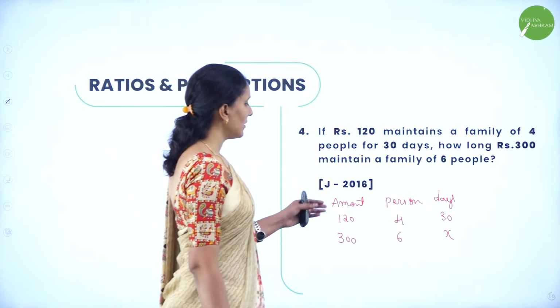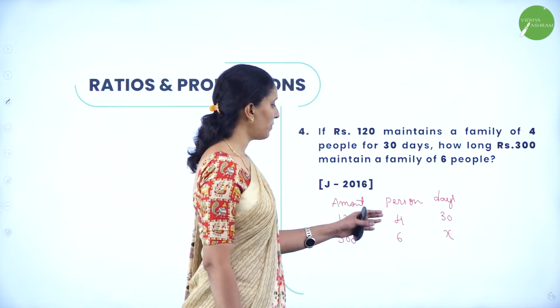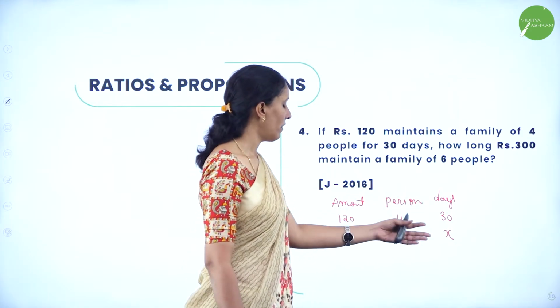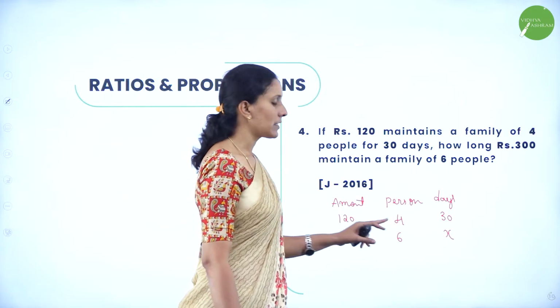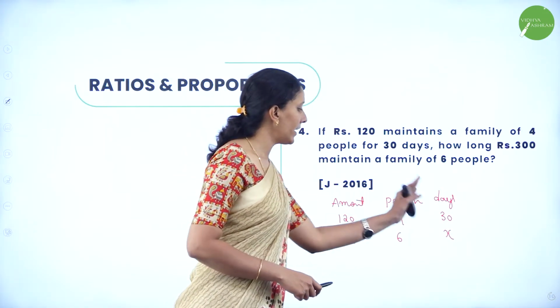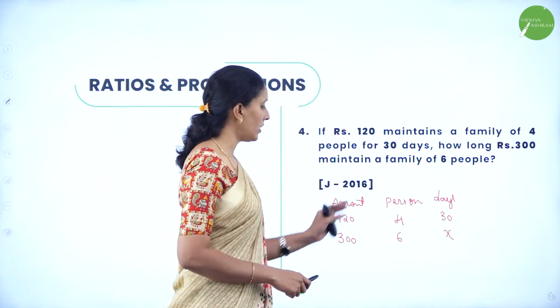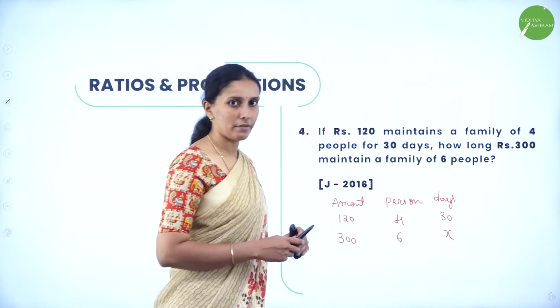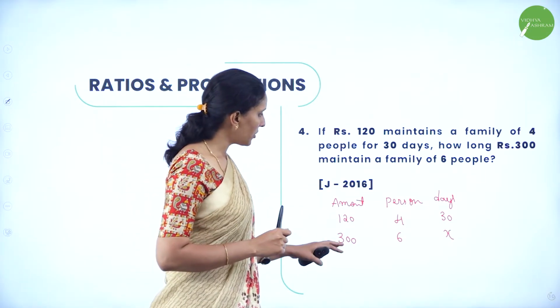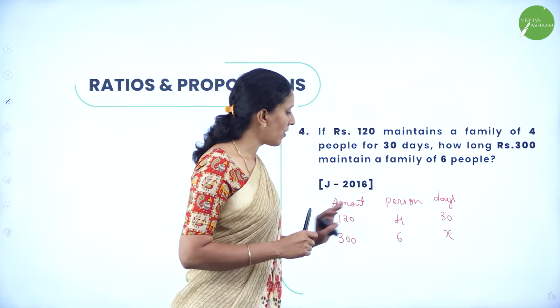So as the amount increases here, the number of persons also increases. And the number of days will get reduced when the number of persons increases. So you can clearly see from the observation, as the amount increases, the number of days also increases.